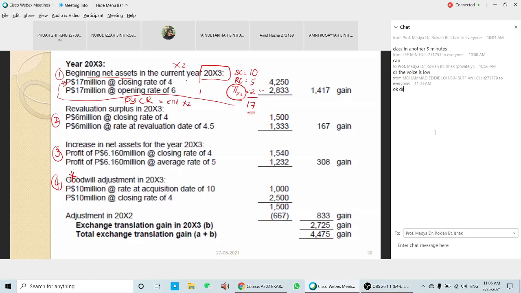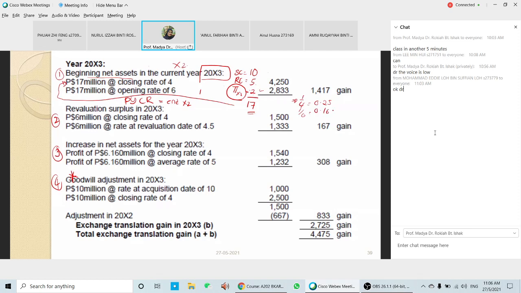So we need to determine whether you have a gain or loss here. So 17 divided by 4, 17 divided by 6. If you want to determine the gain or loss here, 1 divided by 4, you're going to have 0.25. This is the closing rate. And then 1 divided by 6, the difference here is 0.167.